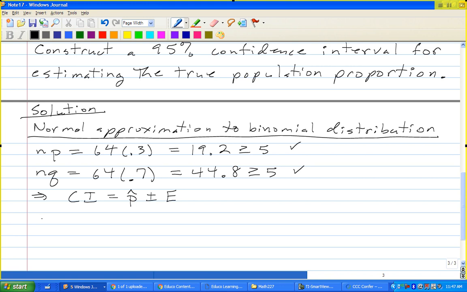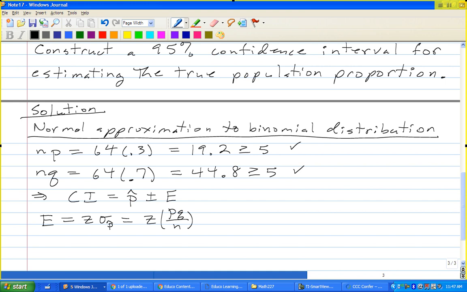E is equal to, well, since the normal approximation is applicable, the critical value will always be Z, as long as the conditions hold for a normal approximation, times the standard error for the sampling distribution of all possible sample proportions. And that's going to have the form square root of pq over n, again because this is a finite population.